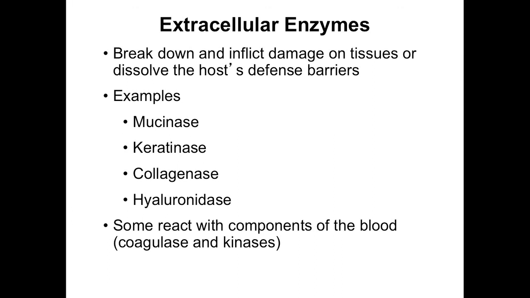Collagen is found as a good connector between cells. Once you break that down, that connection breaks and those cells become easy to access. And hyaluronidase: hyaluronic acid is an acid motif found in almost all cells' plasma membranes. As soon as you break that down, you break down the plasma membrane and you can take in whatever that cell has inside.